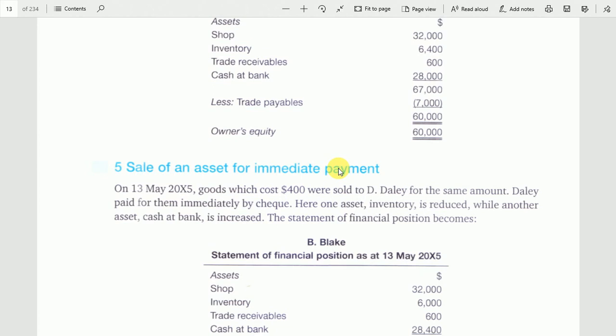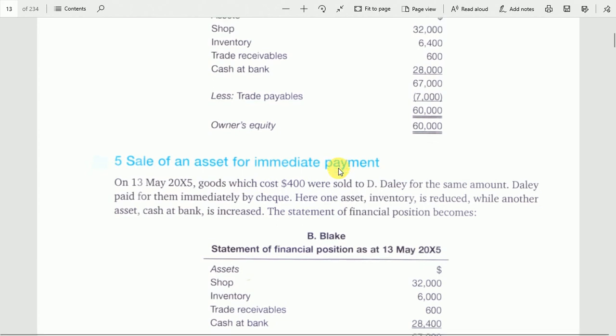One asset increases, and the other asset that you sell, be it a current asset, goods, inventory, or any non-current asset, reduces from your balance sheet. So one asset increases in the form of current asset, cash, and the other asset decreases in the form of non-current assets, maybe property, plant, equipment, or any current assets, inventory, or any goods or spares, etc.